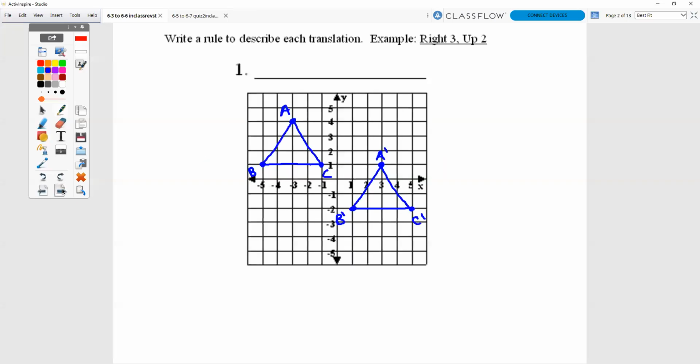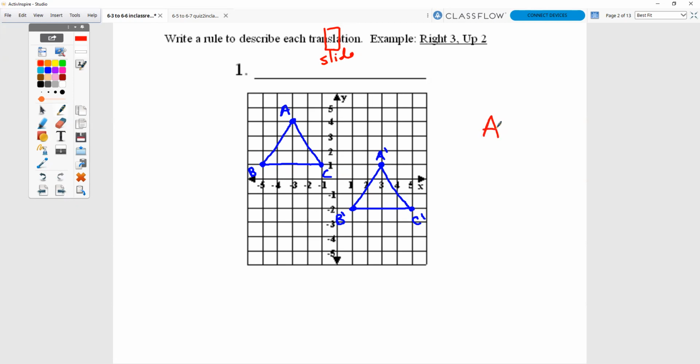So the first thing that we're going to look at again are translations. Translation slides a picture. Remember that the S and L in translation stands for slide. You're sliding from one picture to the next. You're not changing its shape or its size. We're just sliding it from one to the next.